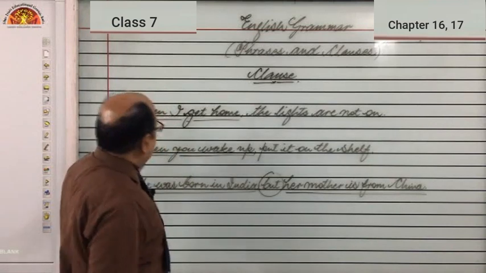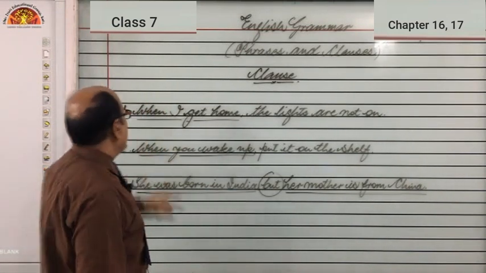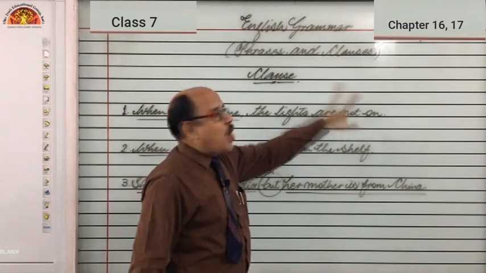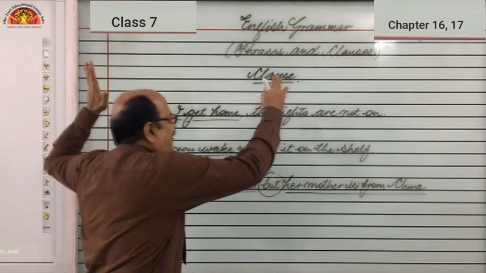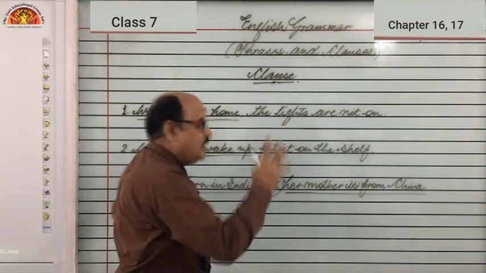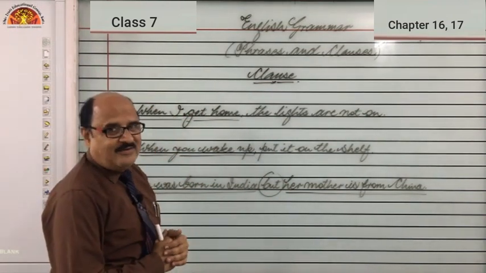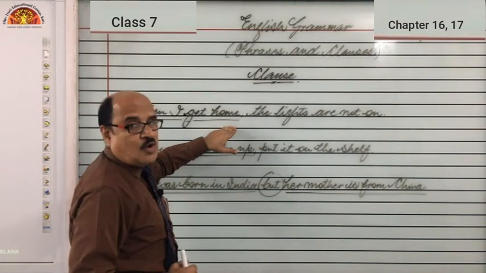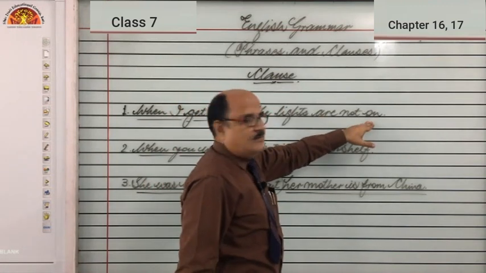Have you noted it somewhere? Okay students, so now some examples are there on the screen, so have a look. When I get home, the lights are not on. This is a complete group of words and we can call it a sentence, right? So in this sentence, how many clauses do you find? When I get home, this is a clause, right? The lights are not on, right?